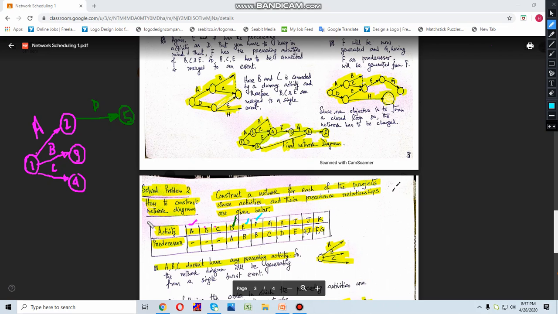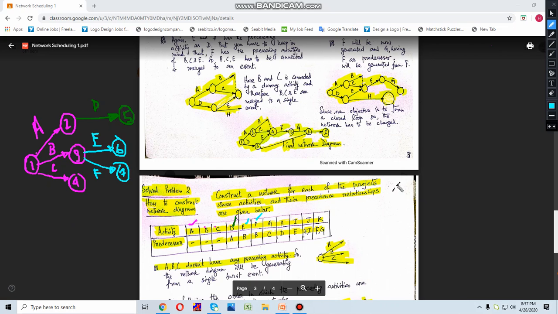So what is the relationship here? Let us just write E here, and F. So write 6 here, write 7 here. So E and F are generated from B. Okay, it is very simple.